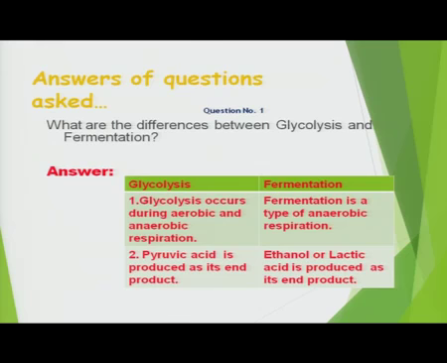Next difference is that pyruvic acid is produced as the end product of glycolysis, whereas the end products of fermentation are ethyl alcohol, that is ethanol, and lactic acid.